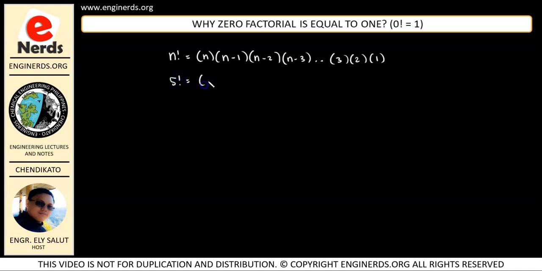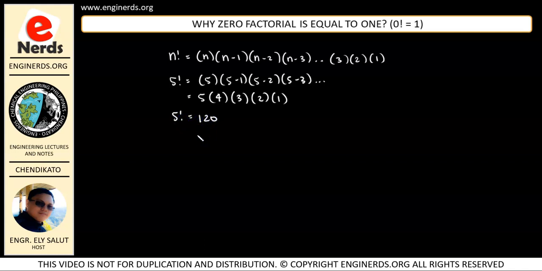This is equal to 5 times 5 minus 1 times 5 minus 2 times 5 minus 3 and so on. So, this will be equal to 5 times 4 times 3 times 2 times 1, okay? Which is equal to 120.